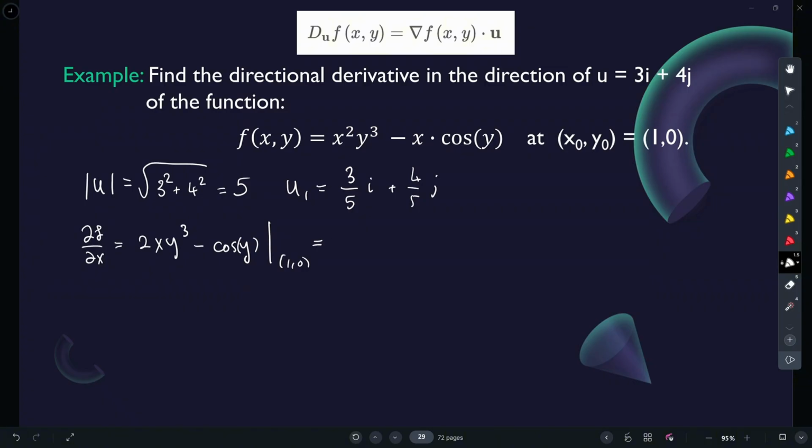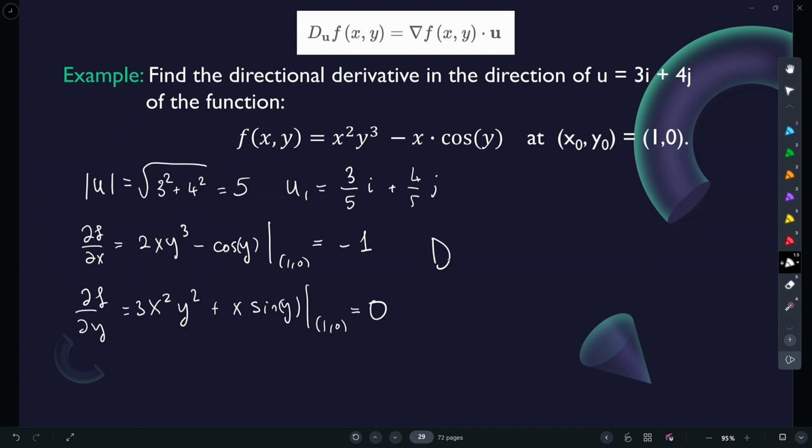So this is just minus 1. The derivative with respect to y is going to be 3 times x squared y squared, plus x sine y. Evaluated at (1, 0), y is 0, and the sine of 0 is also 0, so this whole thing is 0.